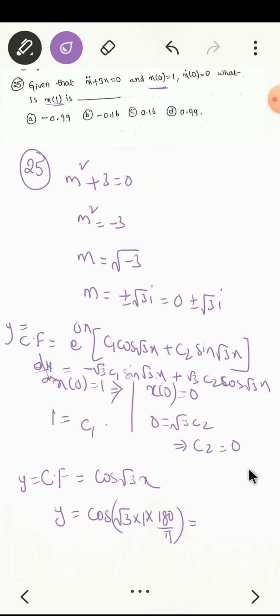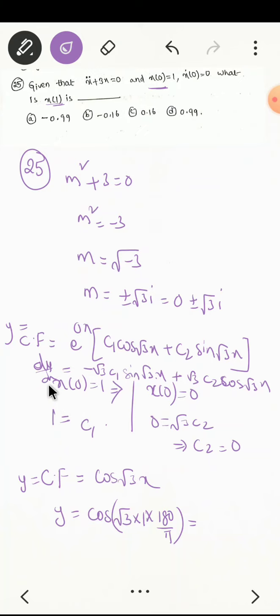I am just doing it with the calculator, you people do. Minus 0.16, maybe minus 0.16, you just check.